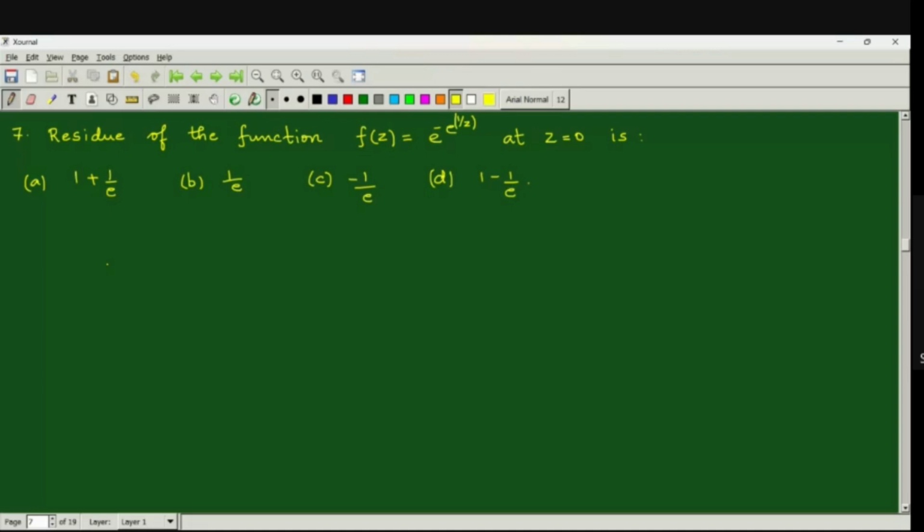Oh, it is stuck. N equal to 0 to infinity minus, e power 1 by z.